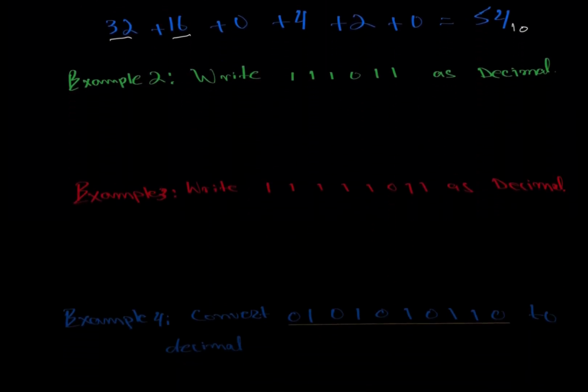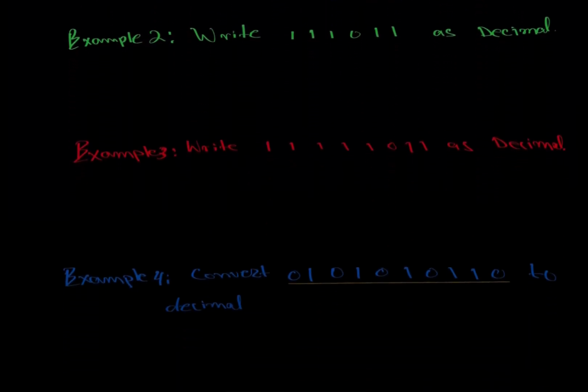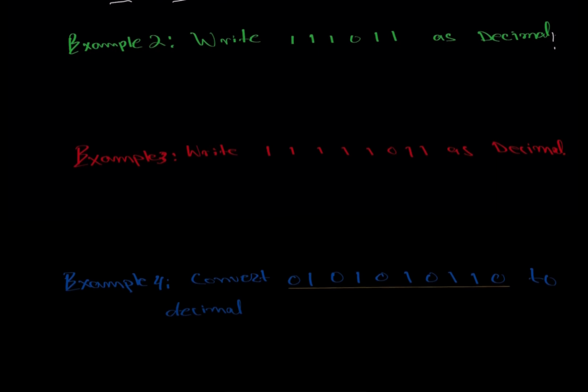Okay. Hope this example is clear. If not, we will work a couple more examples here. It says write 111011 as decimal. So first of all, you have to find how many digits you have. You have 6 digits. You can do it this way: start from the right to the left.